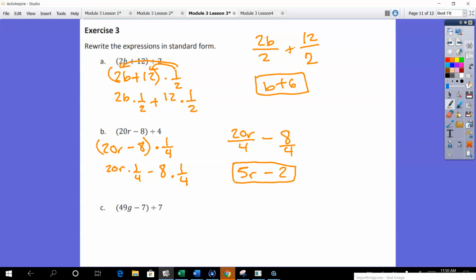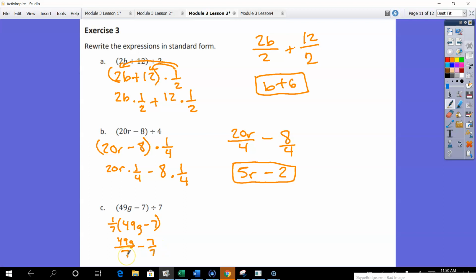And finally, C. And we can put it in the front as well, so we can say 1/7 times 49g minus 7 gives us 49g over 7 minus 7 over 7, which is 1.